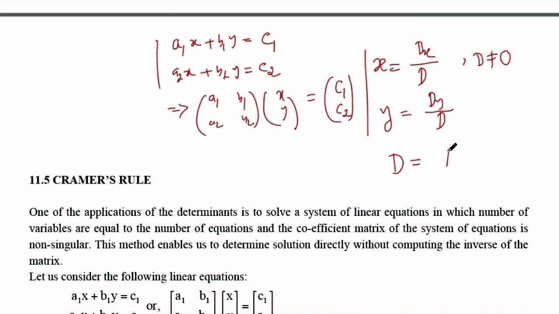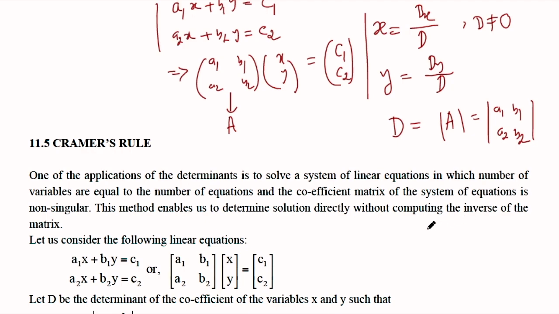D is the determinant of the coefficient matrix. If this matrix is A, then the determinant of A is D, which is equal to the determinant of a1, b1, a2, b2. This is D.